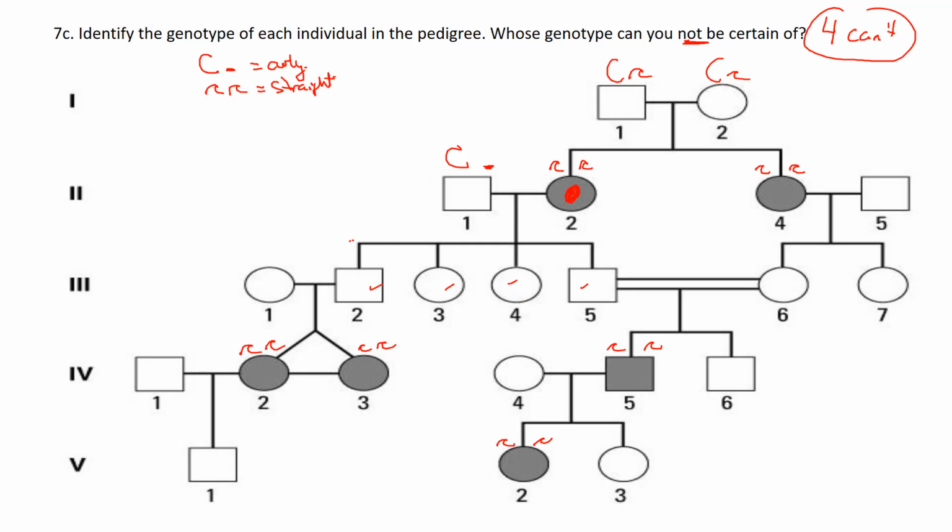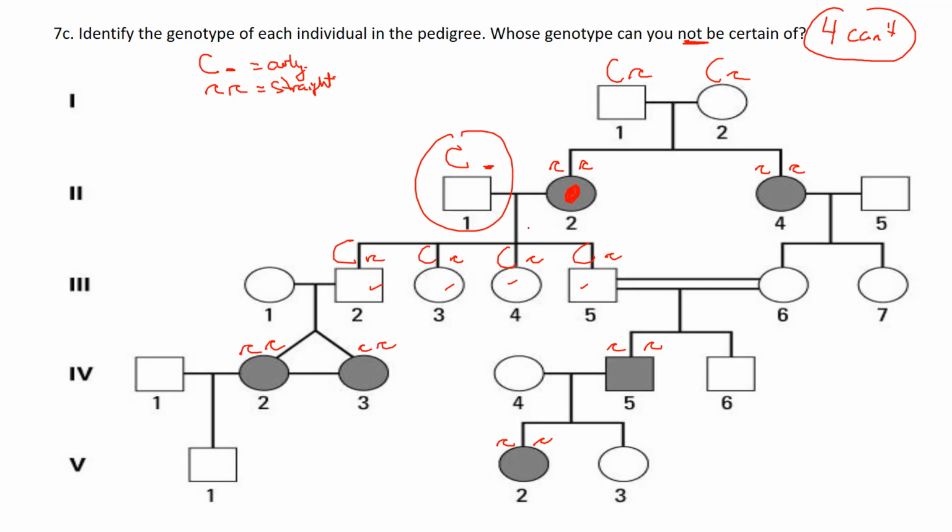So we know all these kids have to have capital C's, but because they had a mom that was straight hair, all of them must be heterozygous. But this individual, we don't know. We know that they have curly, but we don't know if they are carrying a straight-haired allele because they never had any kids. So that is one of the unknowns.